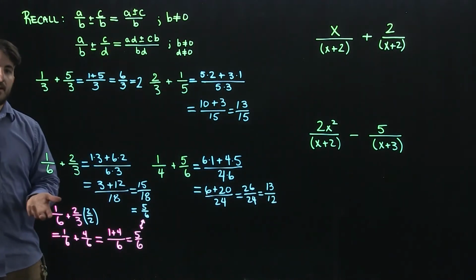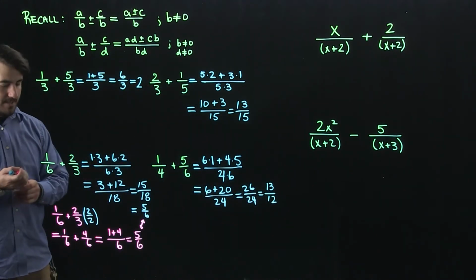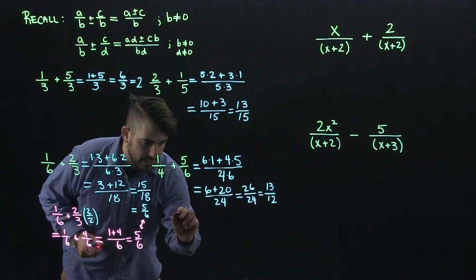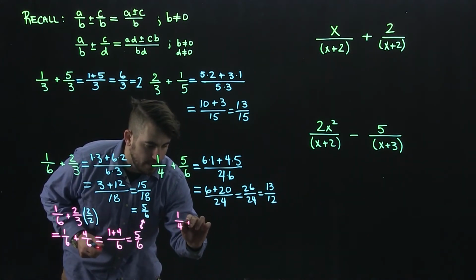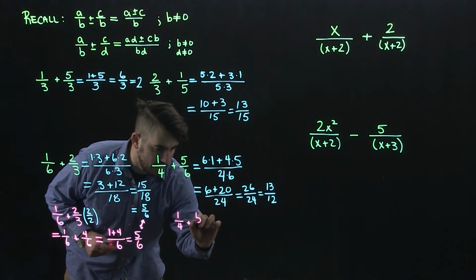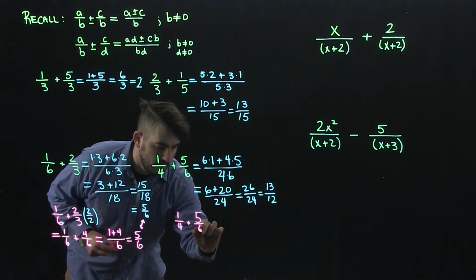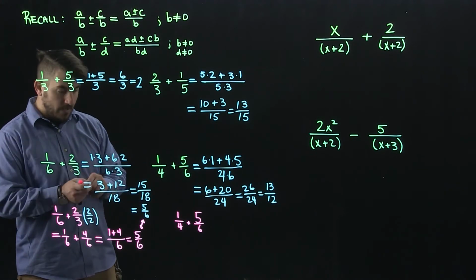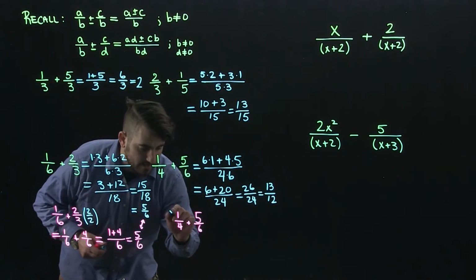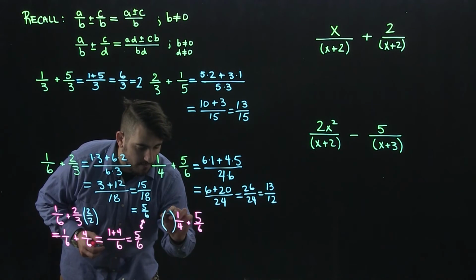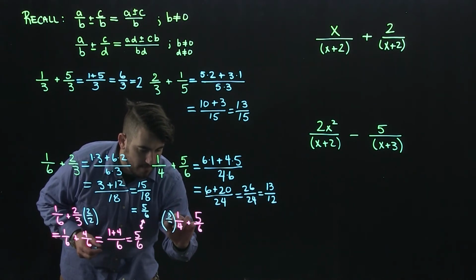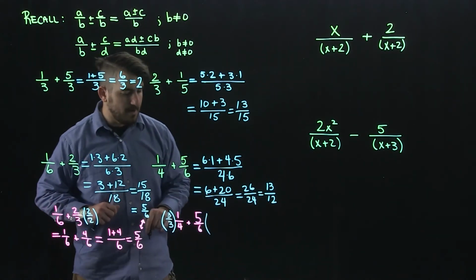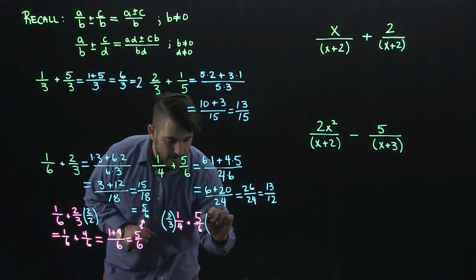Now, another method that we could do is we can look at common denominators. So looking at the 1/4 plus 5/6, we see that the common denominator could be 12. So I'm going to multiply the top and bottom of the first one by 3. And I'll multiply the top and bottom of the second one by 2.